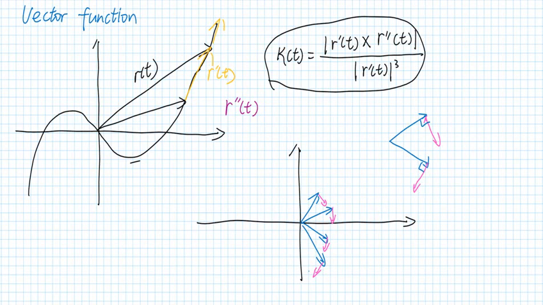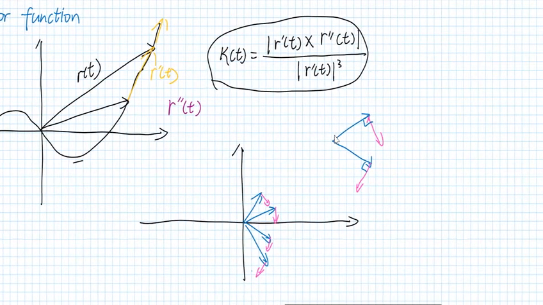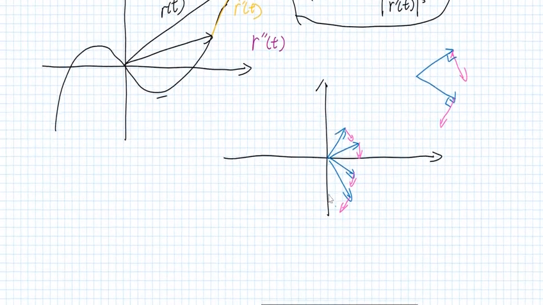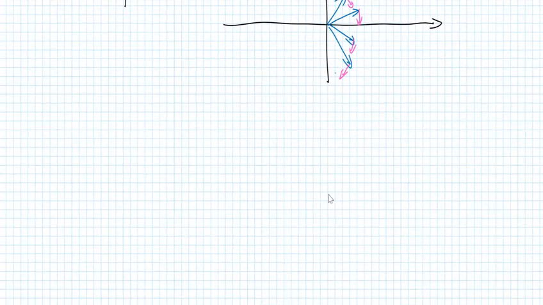So how can we describe the change in angle between r'(t) and r''(t)? Well, we can use the cross product. The magnitude of the cross product is the area of the parallelogram formed by these two vectors.